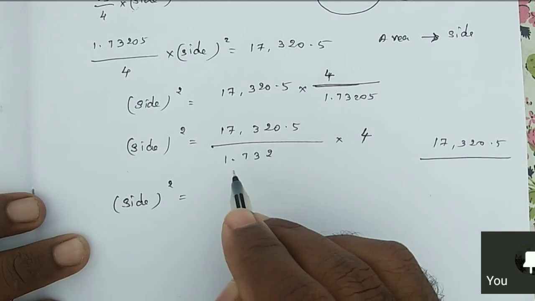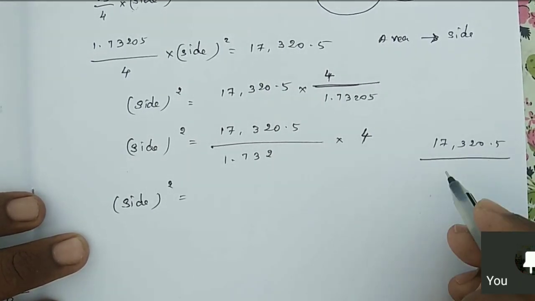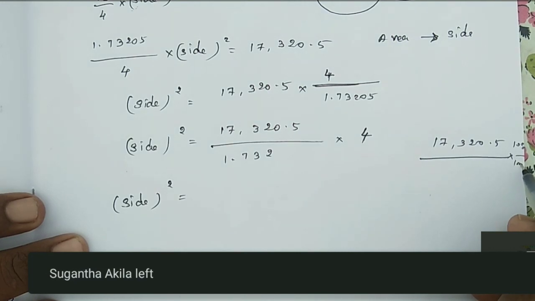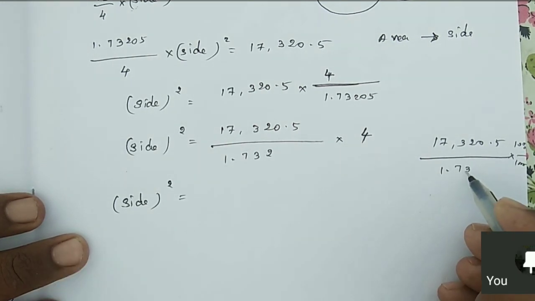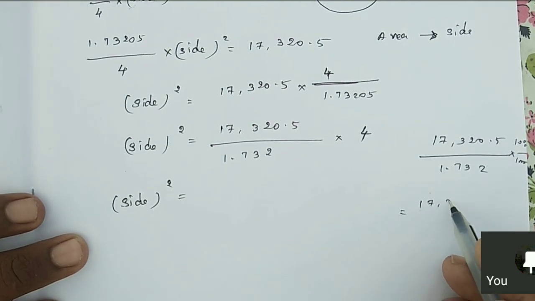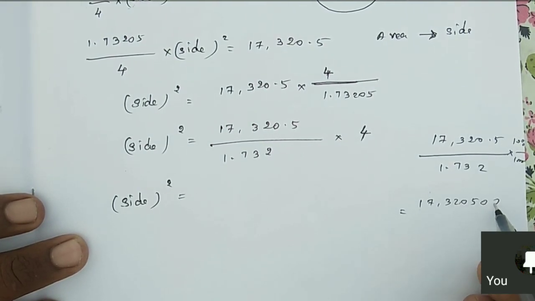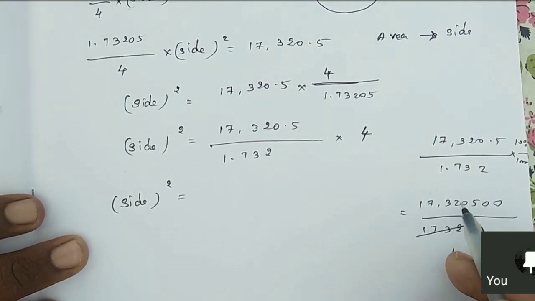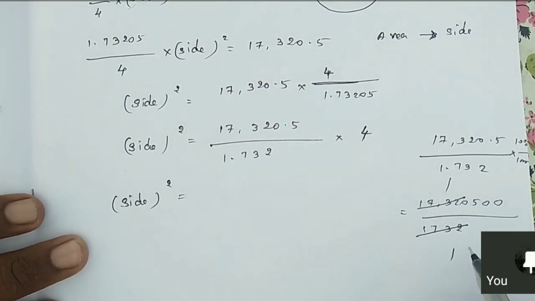Here you should take only 3 digits. We can multiply 1000 on the numerator and 1000 on the denominator. 1.732 becomes 1732, then 2 zeros. So you can cancel it, 1732, 1732. What is the remaining?